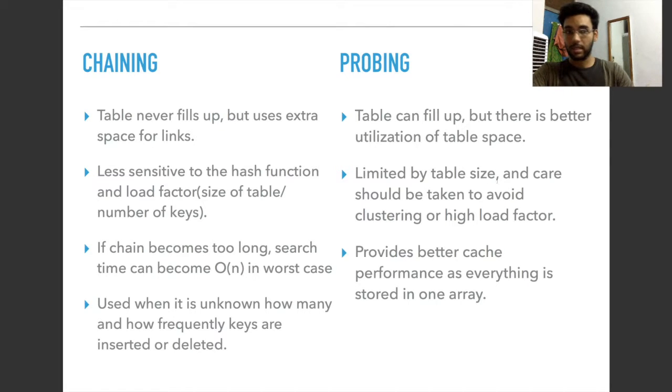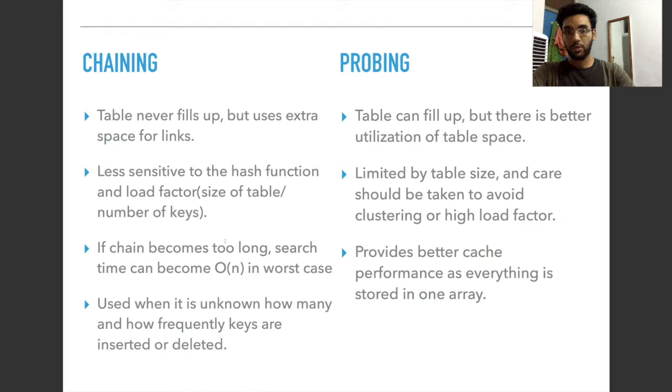Probing, however, is limited by the table size, and care should be taken to avoid clustering or a high load factor. If the table size is too small, probing relies completely on probing ahead to look for an empty space to put the newly arriving value. So having a small table size can significantly worsen your performance.